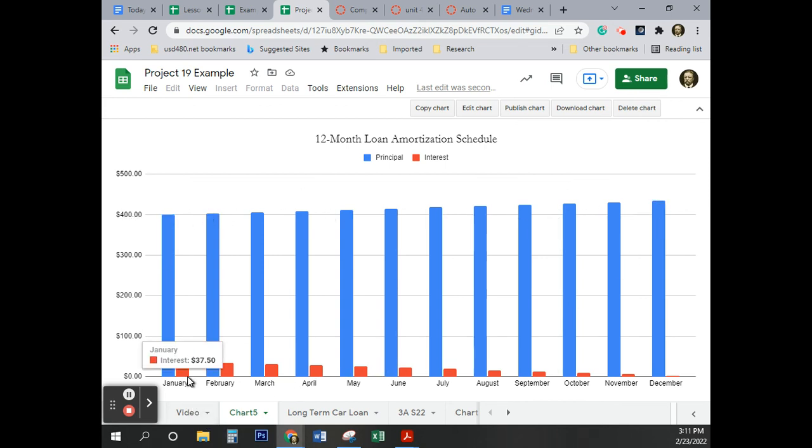So you can see we paid a lot right here, $37.50, compared to right here where we paid $6.49, or here, we paid $3.25 towards the interest, and correspondingly the amount of our payment that went towards principal increased too.